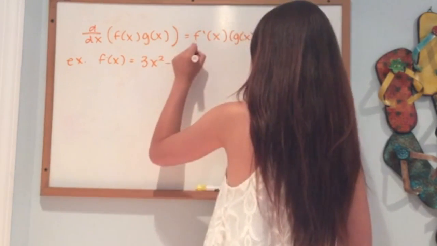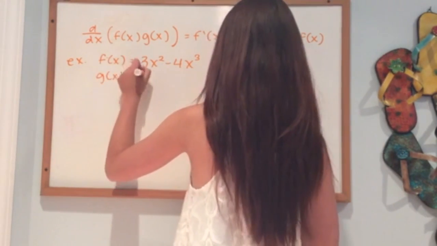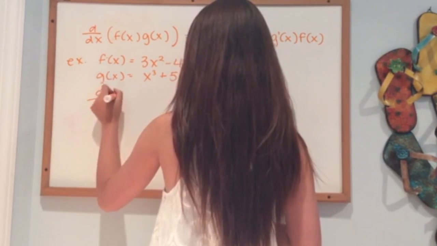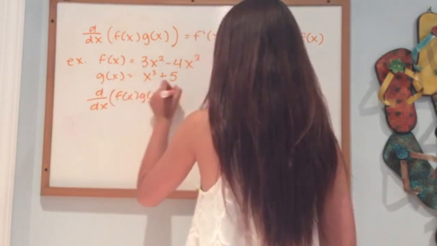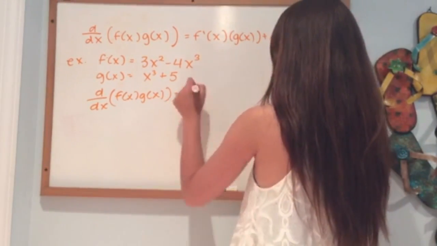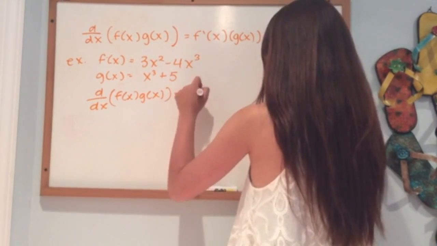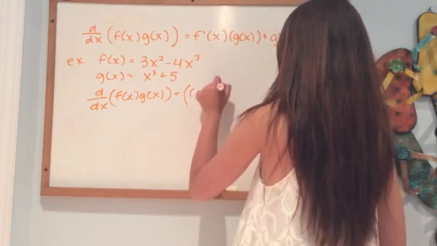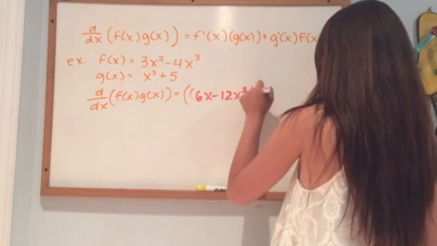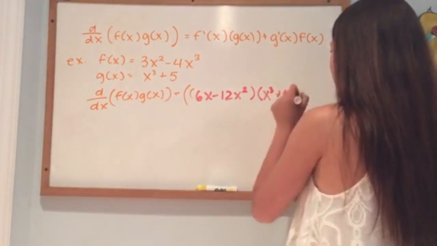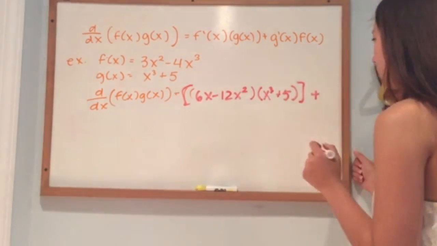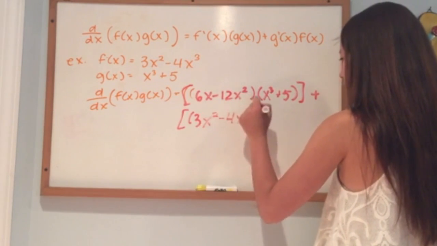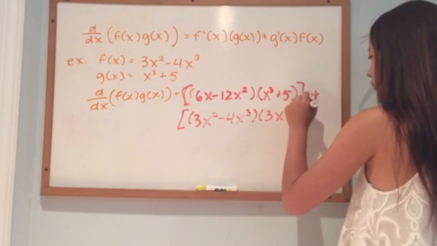For example, if f of x equals 3x squared minus 4x cubed, and g of x equals x cubed plus 5, then the derivative of f of x times g of x equals the derivative of f of x, 6x minus 12x squared, times g of x, x cubed plus 5, plus f of x, 3x squared minus 4x cubed, times the derivative of g of x, 3x squared.